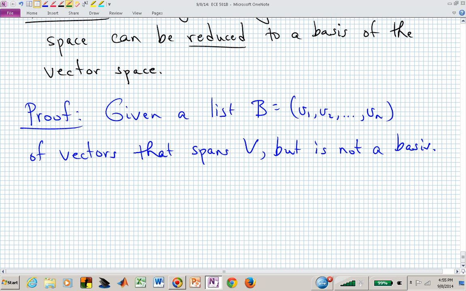What's wrong with that list? It's a spanning list. It spans V, but it's not a basis. What must be true then? These are now linearly dependent, aren't they?